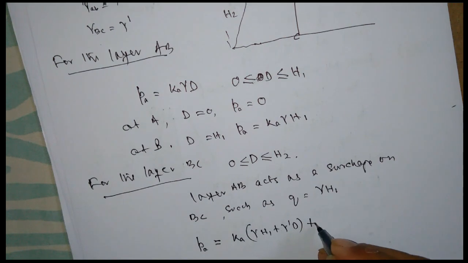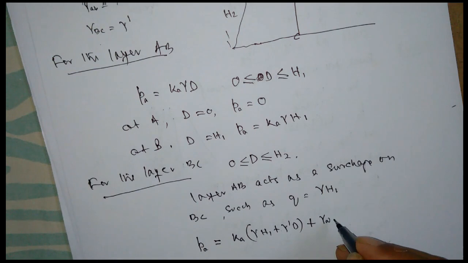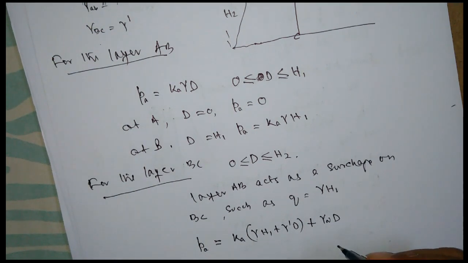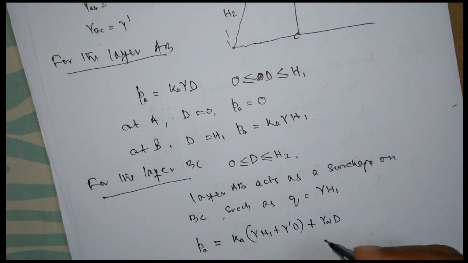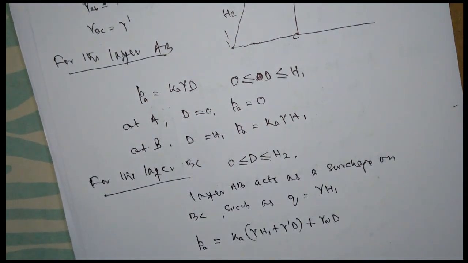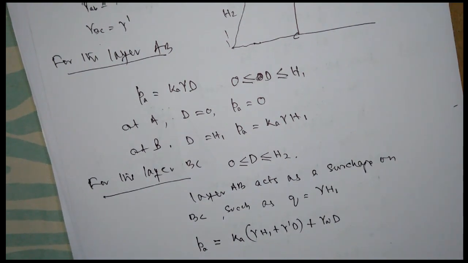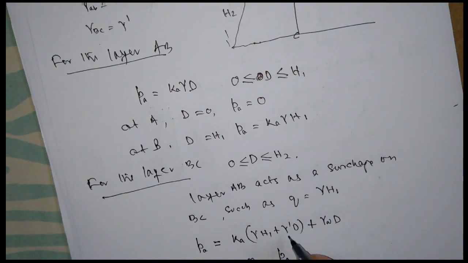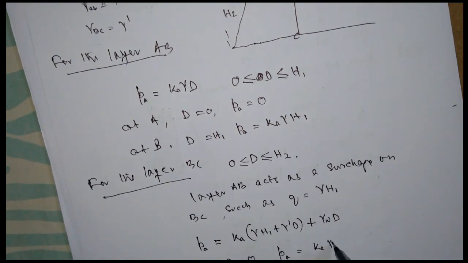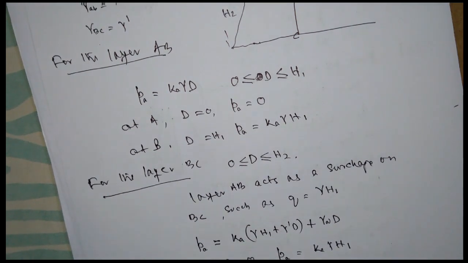In addition to this, there is water pressure also, horizontal water pressure gamma W D. So at top, where D is equal to 0, the earth pressure is only Ka gamma H1.